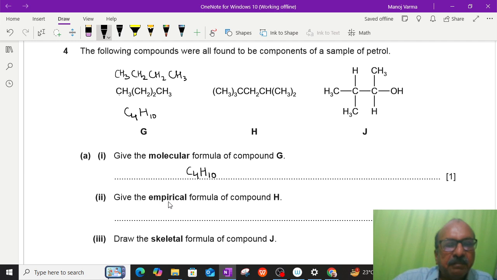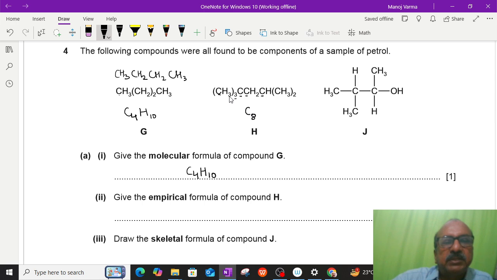Give the empirical formula of the compound H. To find the empirical formula, first you have to find out the molecular formula. Let's see how many carbon atoms. You can see that this is CH3 thrice, so 3 carbons, and then the remaining carbons, and I think it is C8.